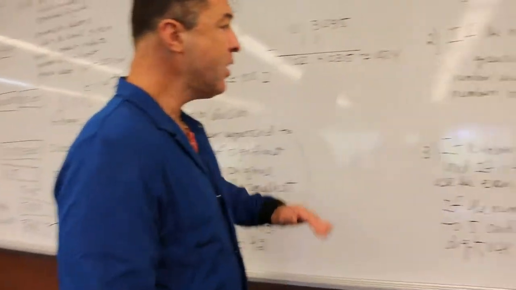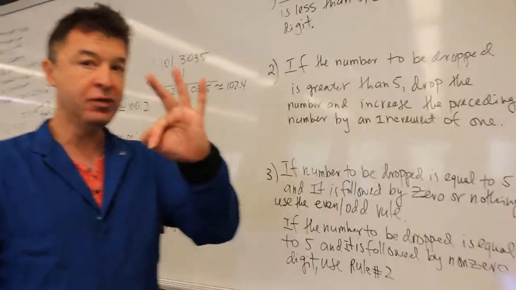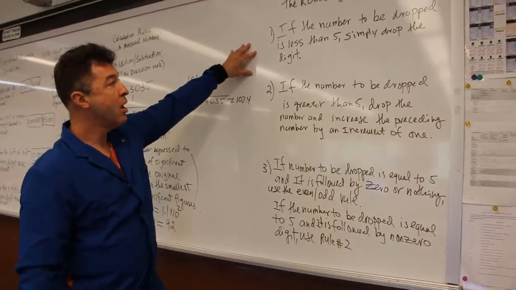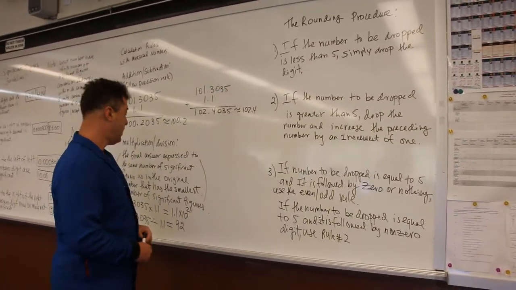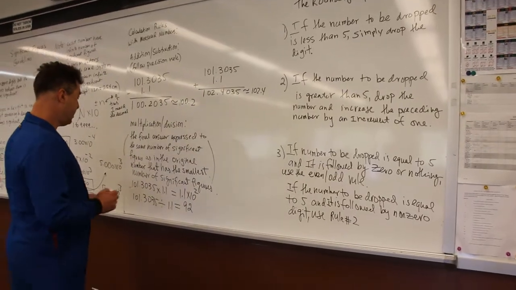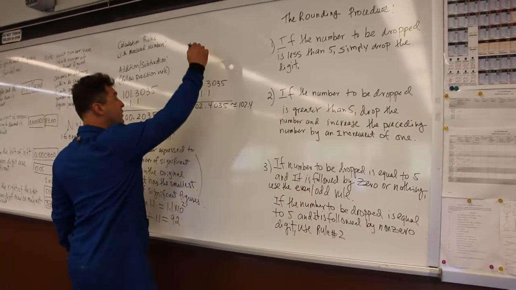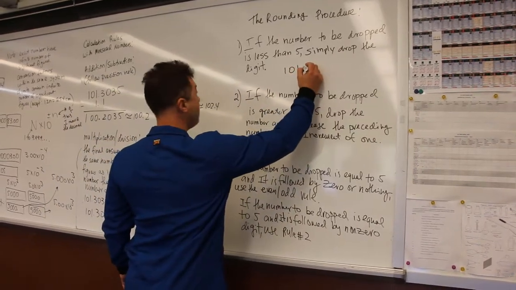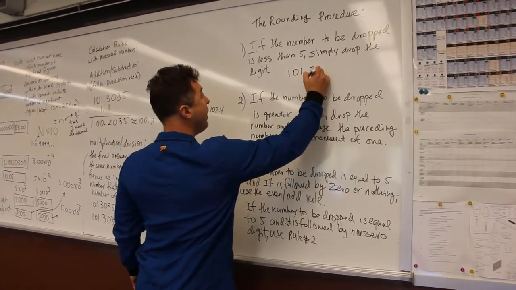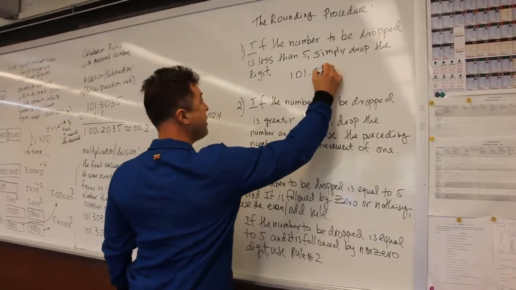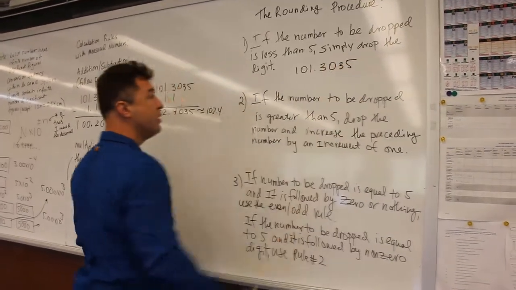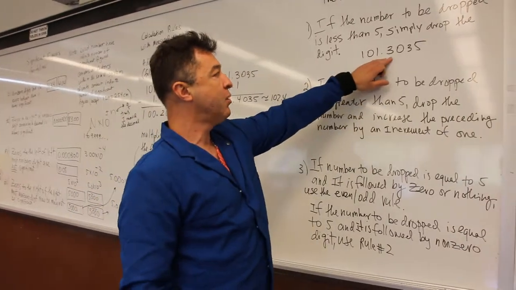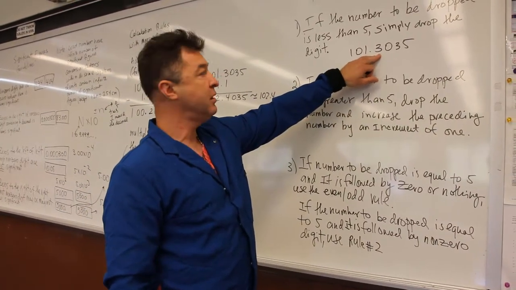Now, there are 3 rules to round off the numbers. The first rule, let's say you have a number, something like this, this number here that we already used before, 3, for example, 0, 3, 5. And let's say that I want to drop all the numbers and leave the 10th place in here, the 3 in here.